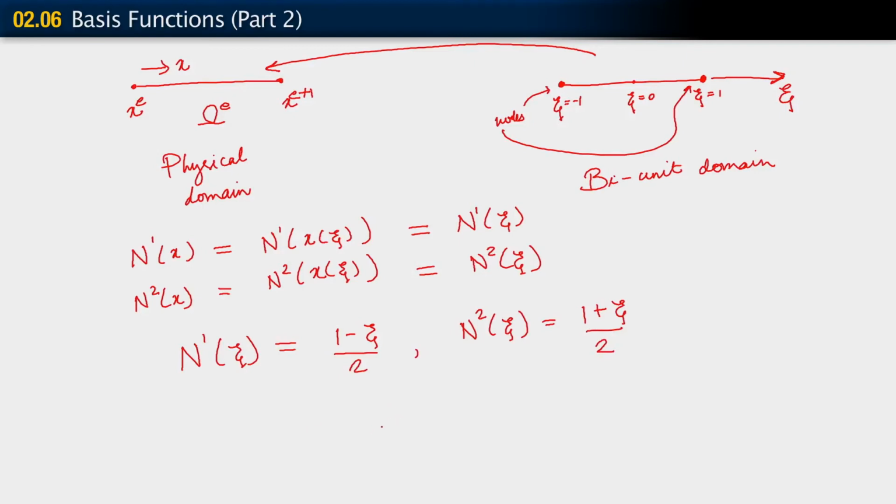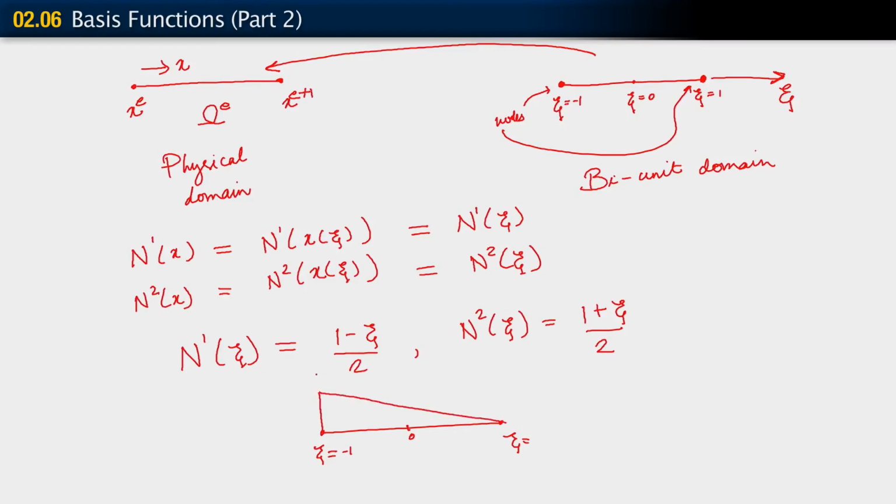Completely clear what's going on here. We have xi equals minus 1, xi equals 1, and that is our point xi equals 0. If you just evaluate 1 minus xi over 2, what you will observe is that at xi equals minus 1, it takes on the value 1.